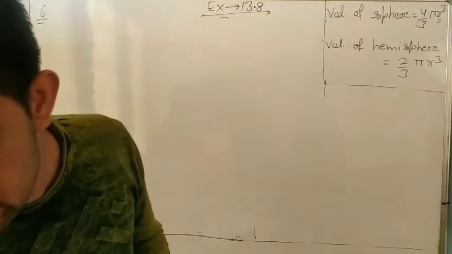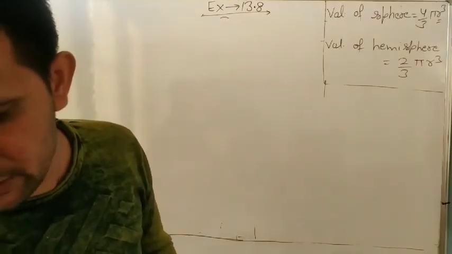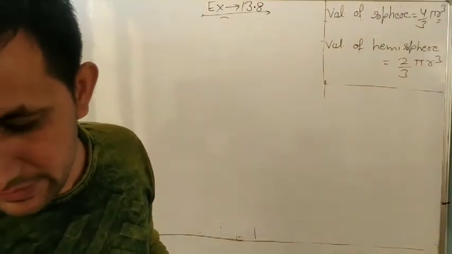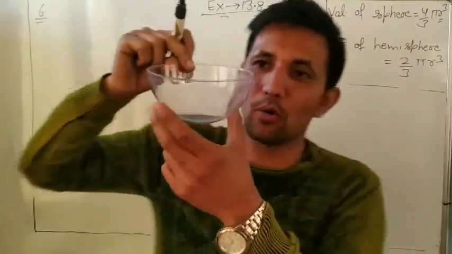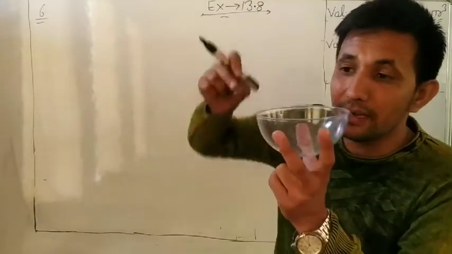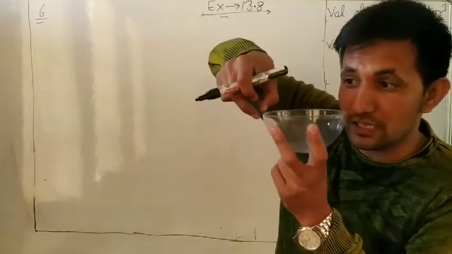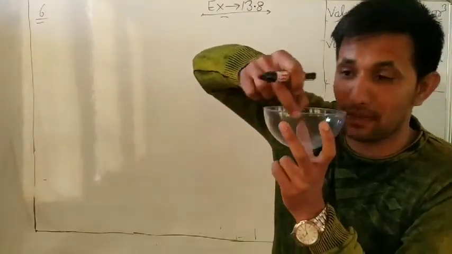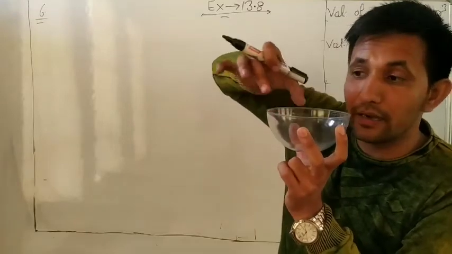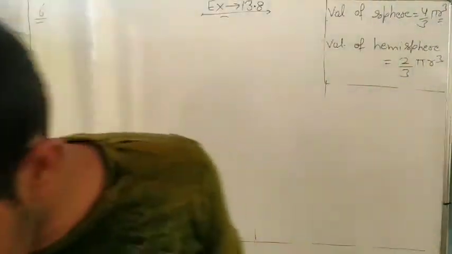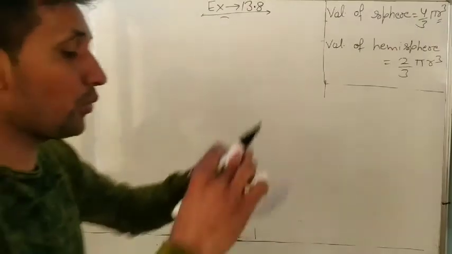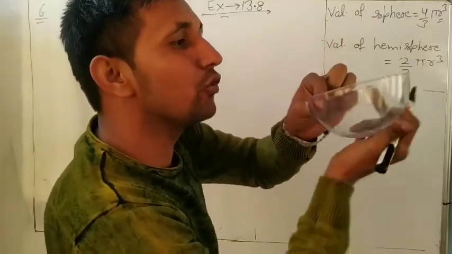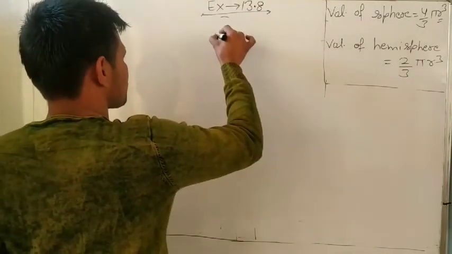Suppose it is a ball, a hemisphere made of plastic, but with some thickness of plastic also. So one is the inner radius, one is the outer radius. Find the volume of the iron used to make it. So we have to find how much plastic is used to make it. Like this.